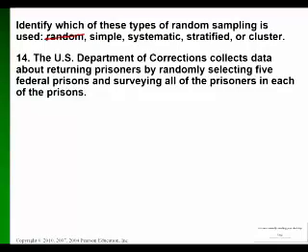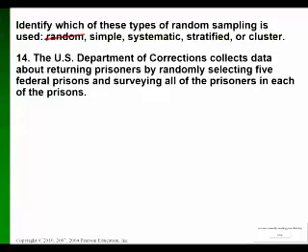The prisoners already are divided into groups. There's this prison and this prison and this prison and then this prison. If I was going to interview some people from every single one of the prisons, that would be what kind of sampling? Some from each. That's stratified.